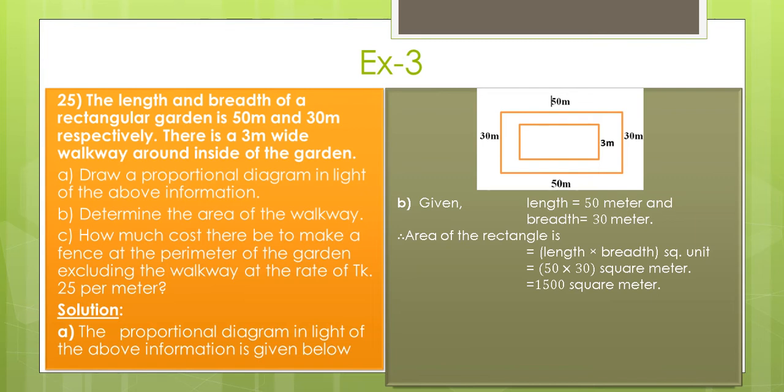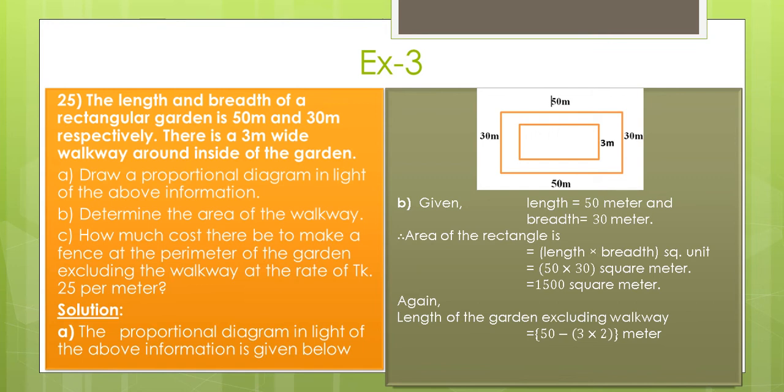So now we have to find out the length of the garden excluding walkway and the breadth of the garden excluding walkway. Length of the garden excluding walkway: we have to subtract from 50 the 3 meter, but here you can see 3 multiplied by 2, because the 3 meter wide walkway is around inside of the garden and there are 2 sides of length.